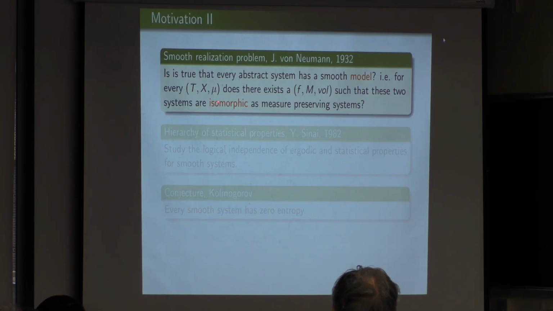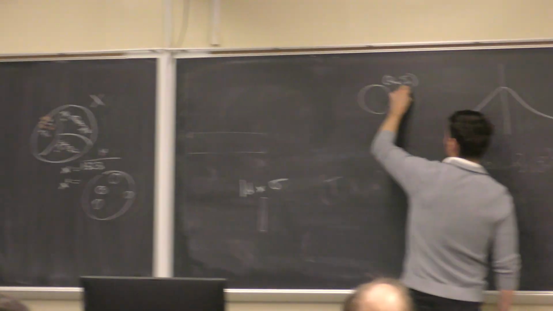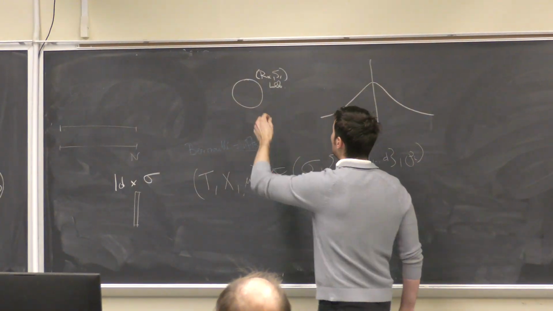Notice that here the notion of isomorphism is really weak. You can't hope for better. For example, you can't hope to have a continuous map from a Cantor set to a manifold. But the notion of being isomorphic as measure preserving systems is weak enough that this can happen. Just to give you an example, take a circular rotation R alpha, which preserves one-dimensional Lebesgue measure, and let alpha be the golden mean.